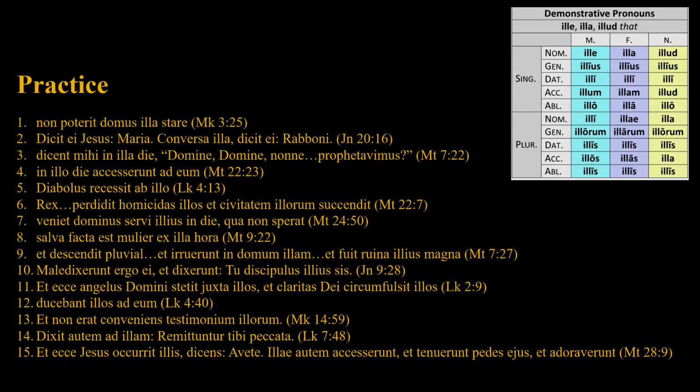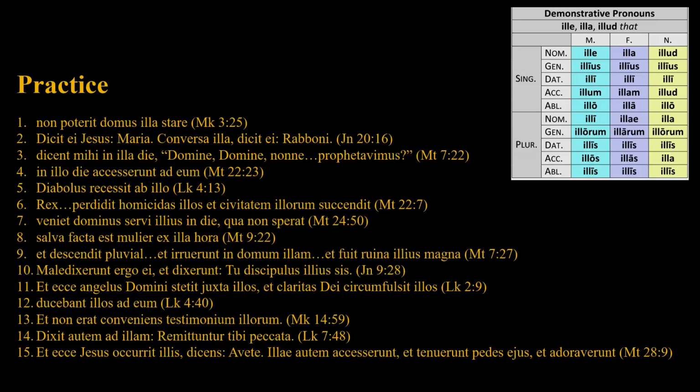Number 6. Rex perdidit homicidas illos et civitatem illorum succendit. Rex perdidit homicidas illos. So the king perdidit, it's from the verb perdo, to ruin, destroy. Homicidas, murderers, illos, those murderers. Okay, and if you look, accusative plural, masculine.